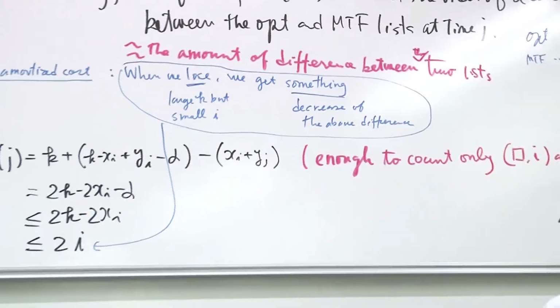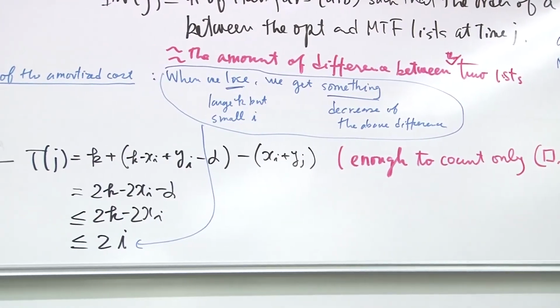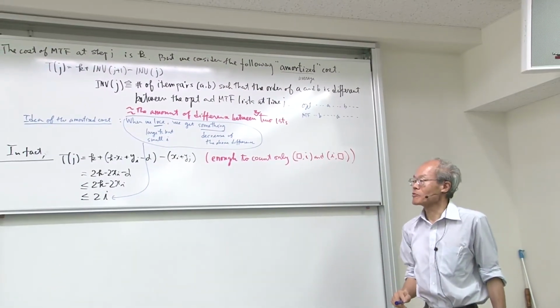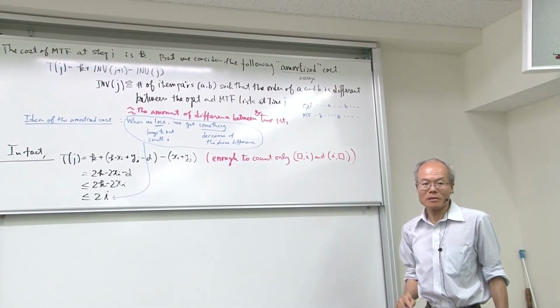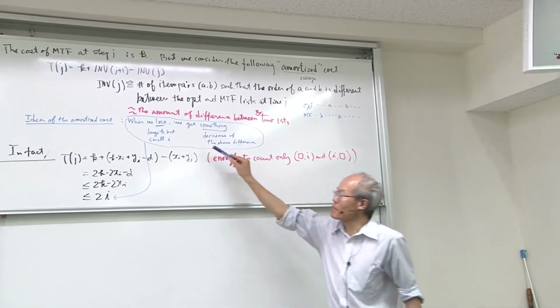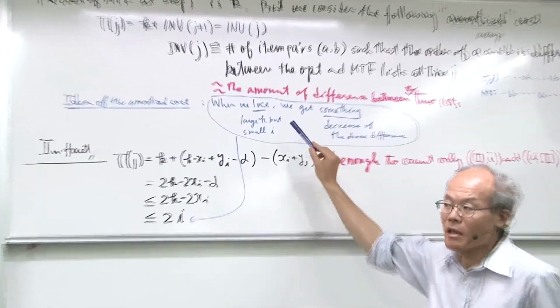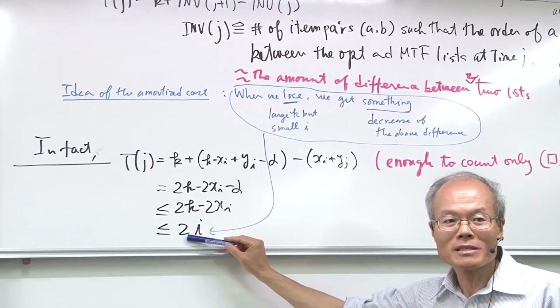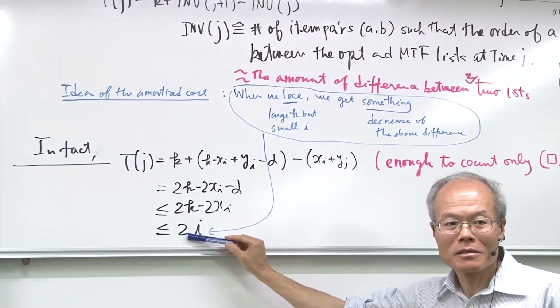Okay? Now you understand the meaning of amortized cost. By doing this kind of compensation, the amortized cost is always at most twice the cost of opt.